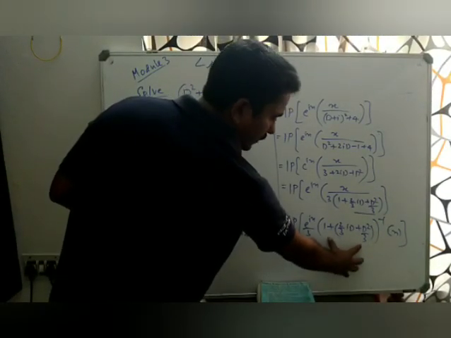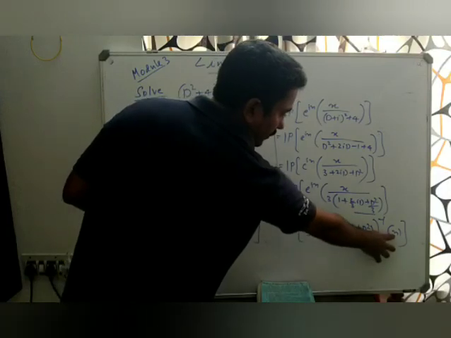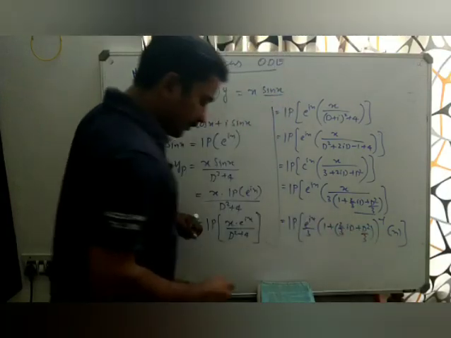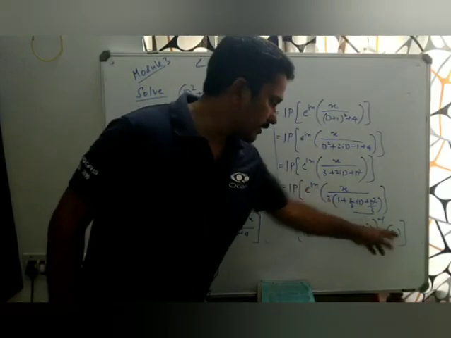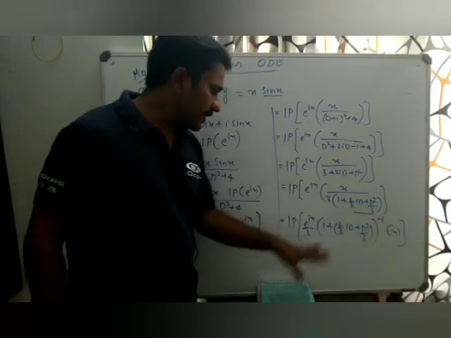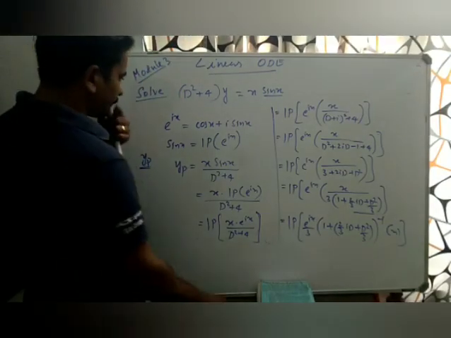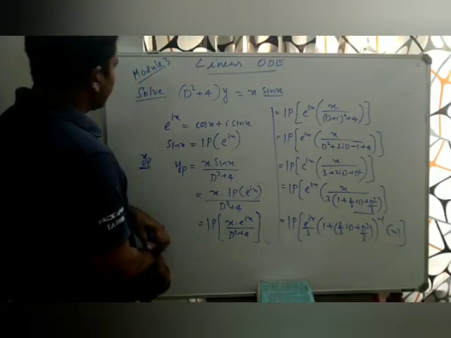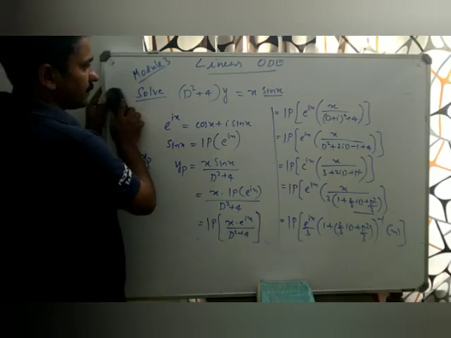Now you expand this one, and this one is a polynomial function of degree 1, right? So it's enough to write only the first term, because the higher order terms will be 0. I'll write it here.